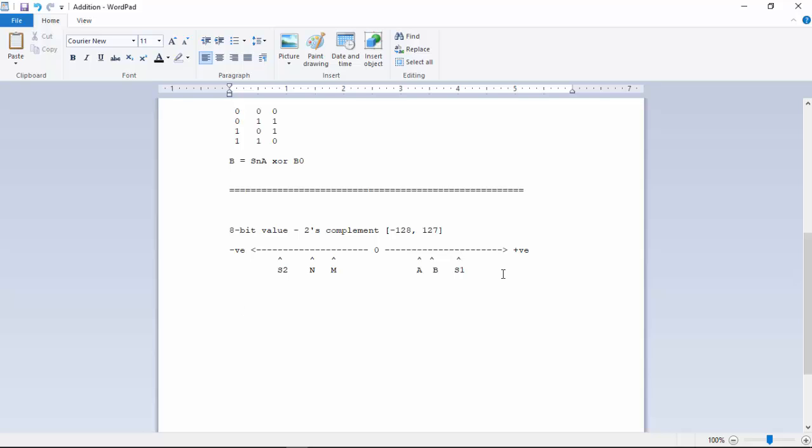If you recall the definition of a positive number, it should start with a leading 0. That means a number like this is not a positive number, right? It starts with a 1. A positive value must start with 0.